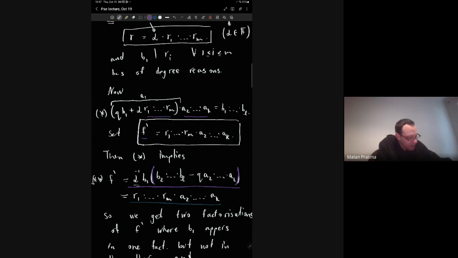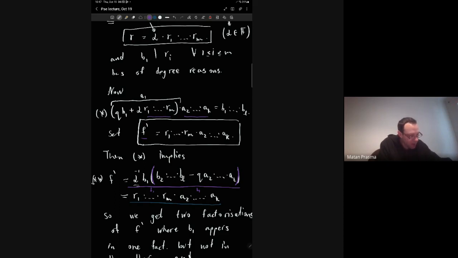But on the purple side you have B1, and on the blue side you cannot have B1, because B1 cannot be one of the A2 up to AK because of the original argument, and B1 also cannot be one of the R1 up to Rm because it is of higher degree.